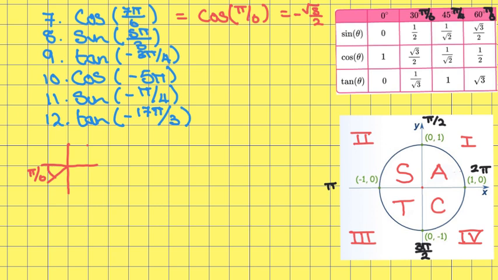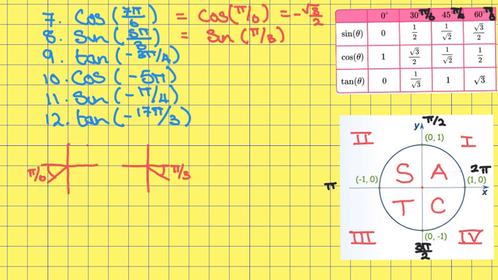Question 2, we want sine 5 pi over 3. So if we do our diagram, well, 5 pi over 3 is the same as 2 pi minus pi over 3. So that would take us here. So that is pi over 3. So we want sine pi over 3.